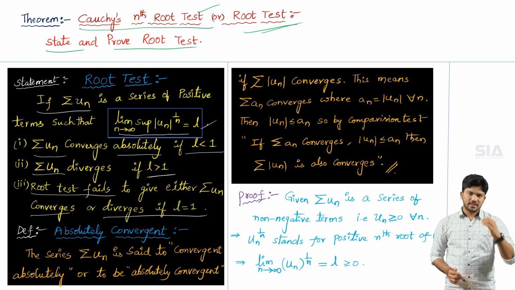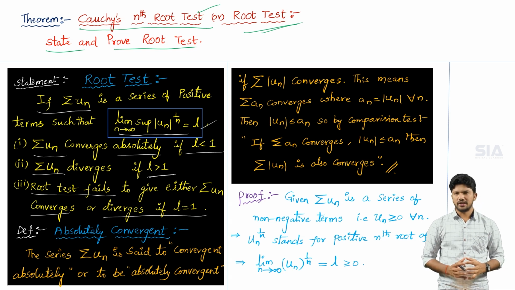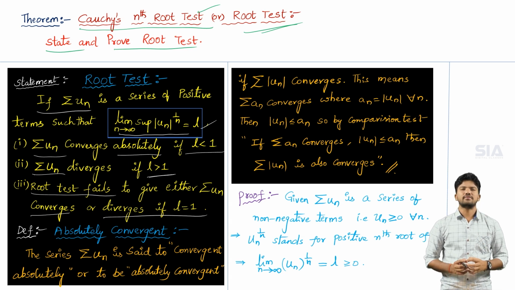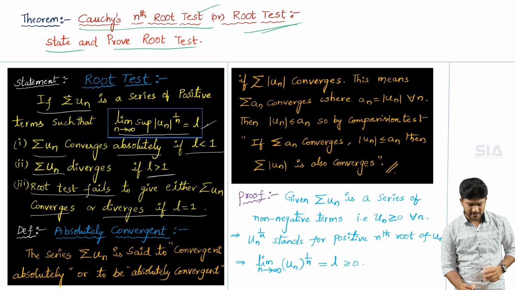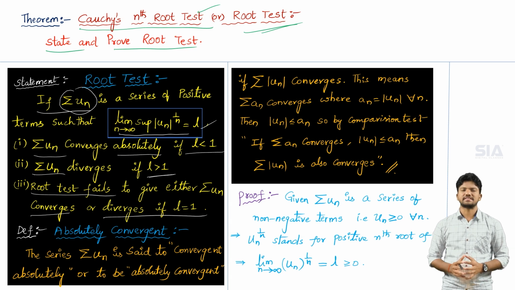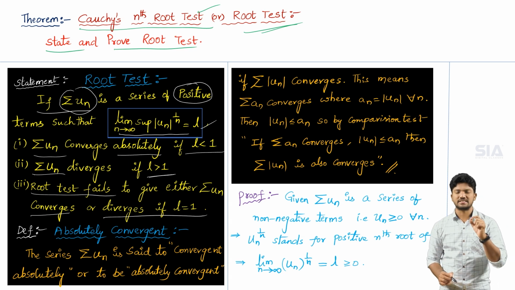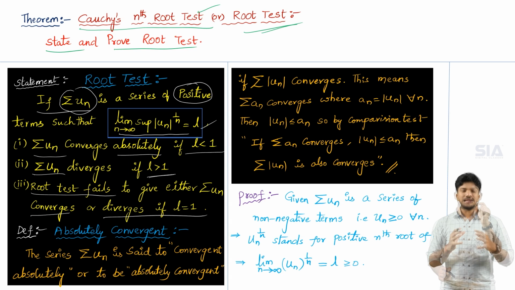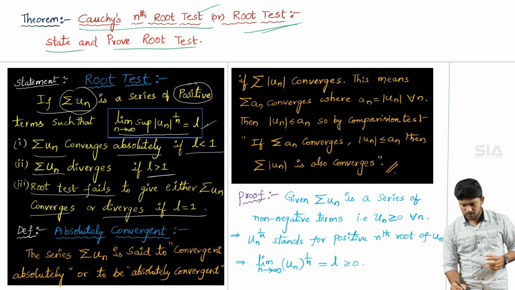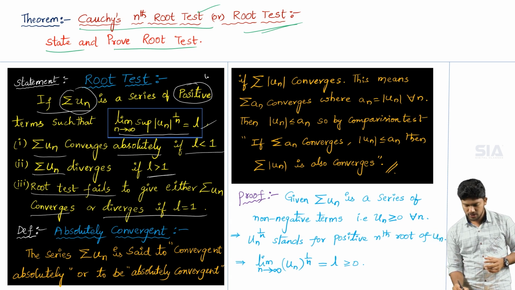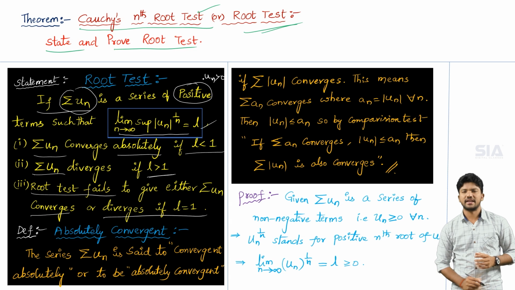Here, likewise in the ratio test, we are taking one infinite series, that infinite series is summation u suffix n. Here the summation u_n is a series of positive terms. Positive means we can write that u_n is always greater than 0.